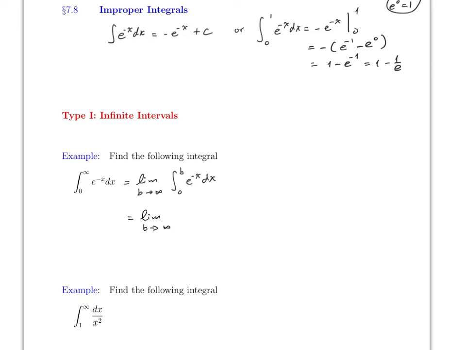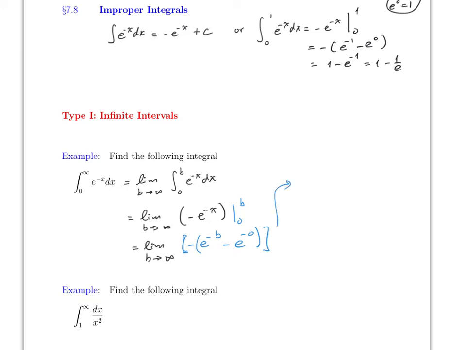So the integral, we already know, was minus e to the minus x from 0 to b. So therefore this will be the limit as b goes to infinity. Then you plug the limits of integration: this will be minus e to the minus b, and then minus e to the minus 0, which we already saw was equal to 1.